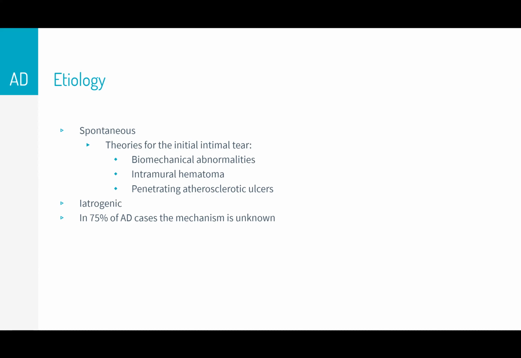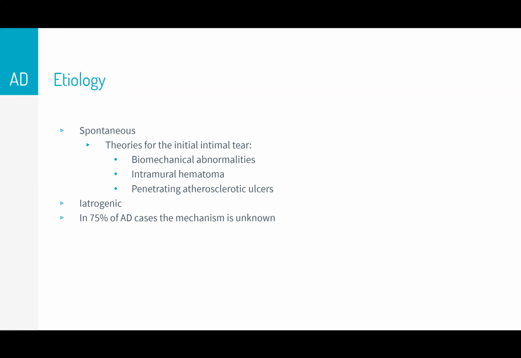Another theory is the intramural hematoma. It's thought that dissection happens because of bleeding into the vasa vasorum that supply the aortic tissue. So bleeding happens, a hematoma forms inside the aortic tissue, and due to the high pressure, it bursts and causes an intimal tear, and that's the inciting factor for the aortic dissection.